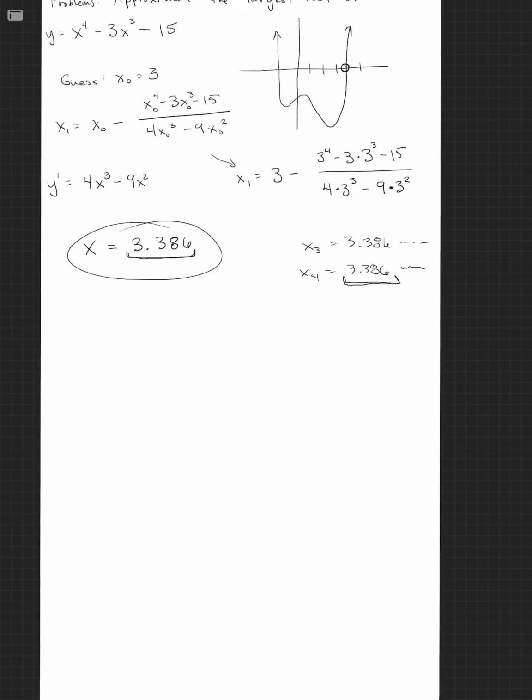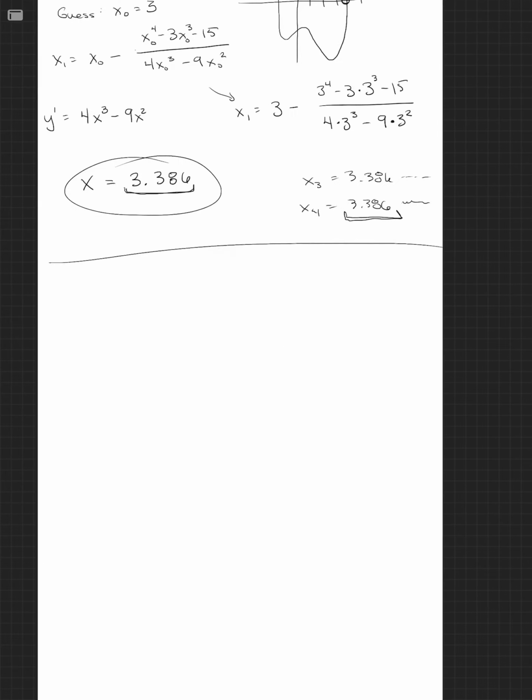But it turns out we can do a couple of other things. The main one being to estimate the intersection of ln x and negative x, right?